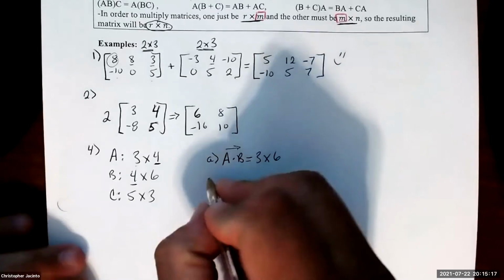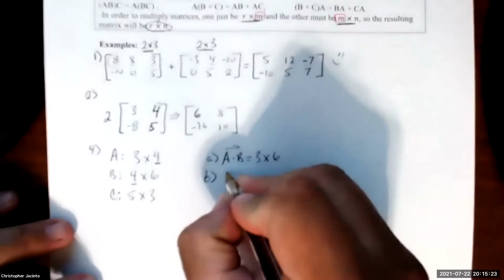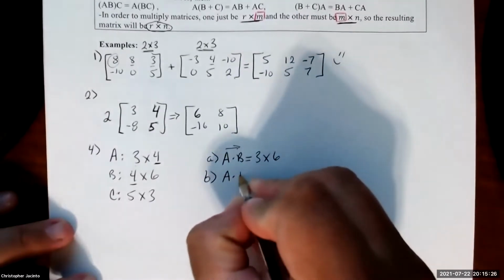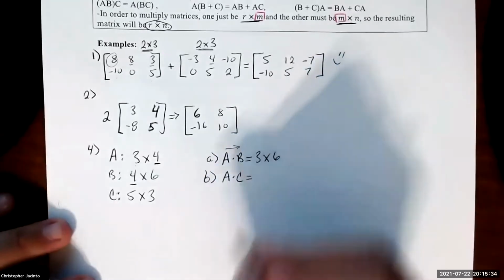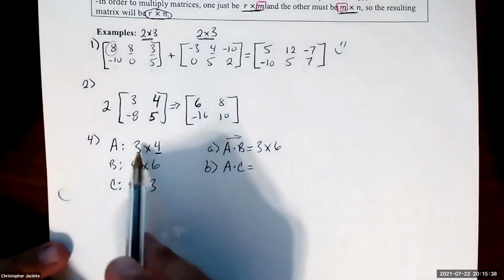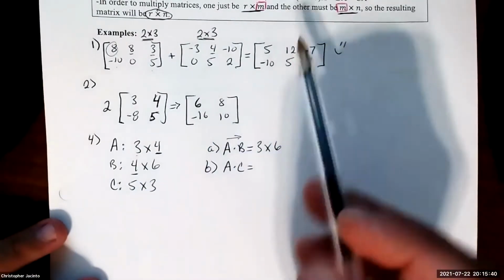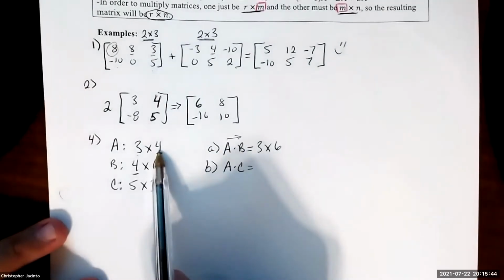Okay, let's do some more. Let's suppose now we do A times C. Again, we want to figure out what the dimensions would be if we multiplied. This is A, this is C. A comes first, so that's 4.